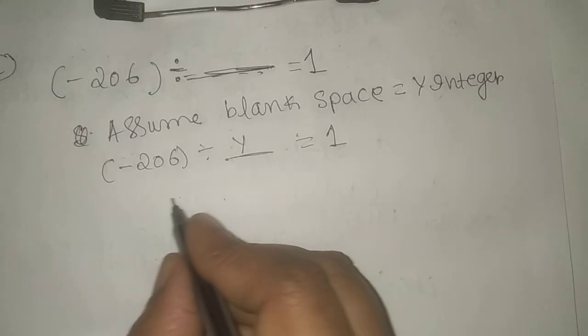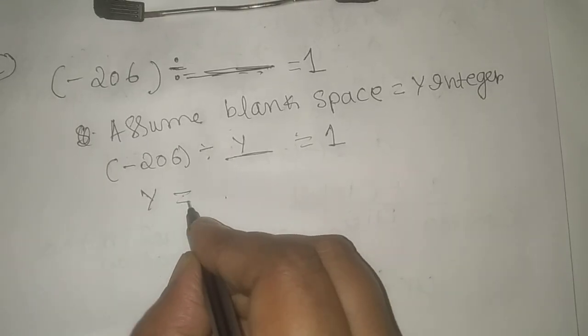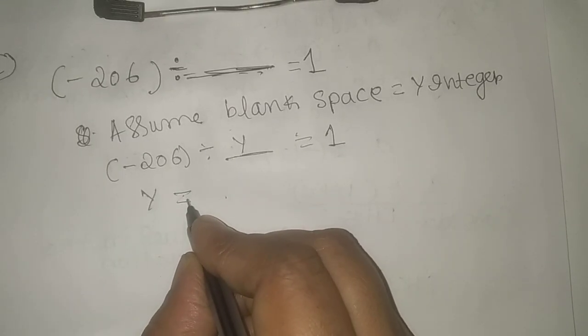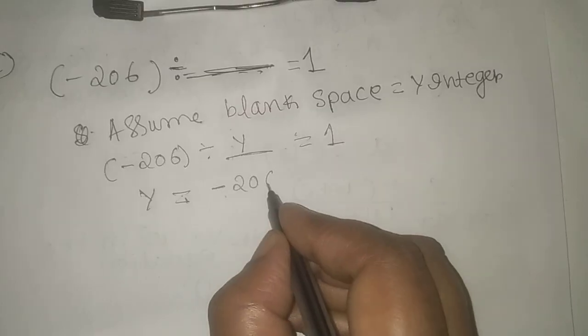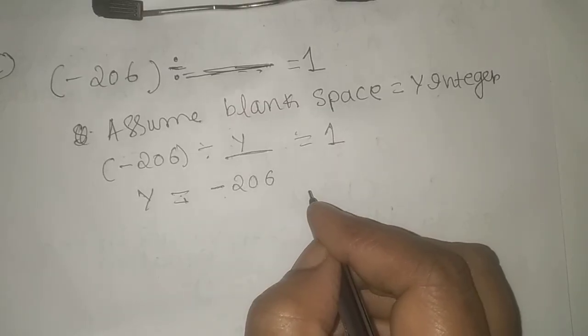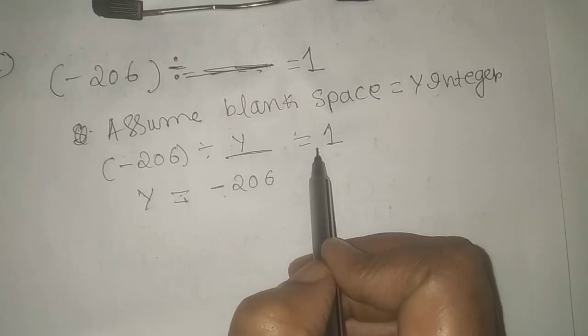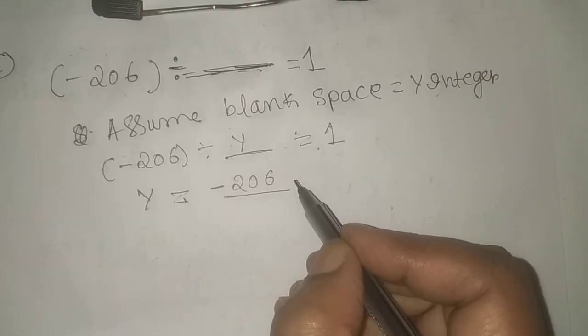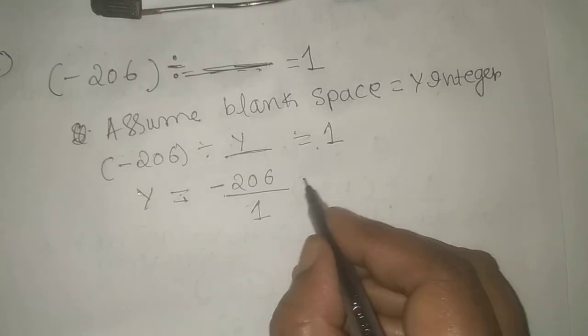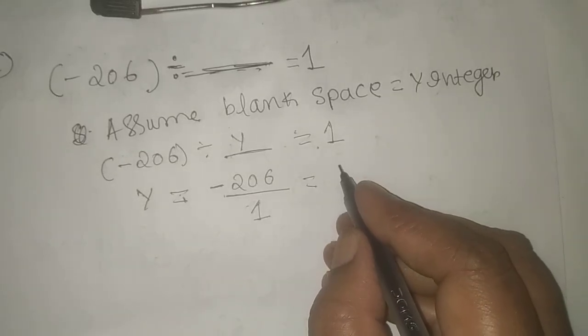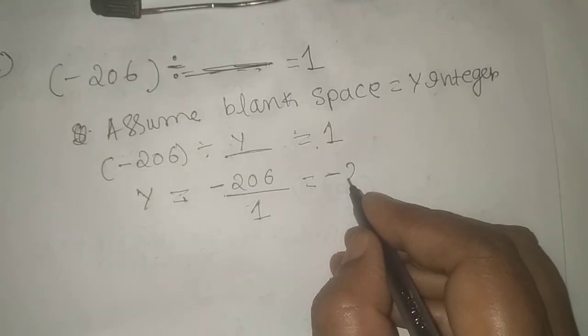How to get? Therefore y is equal to minus 206 by 1, so we get minus 206.